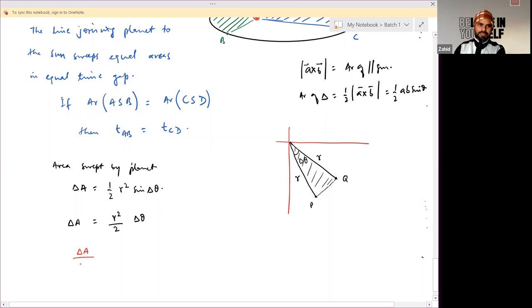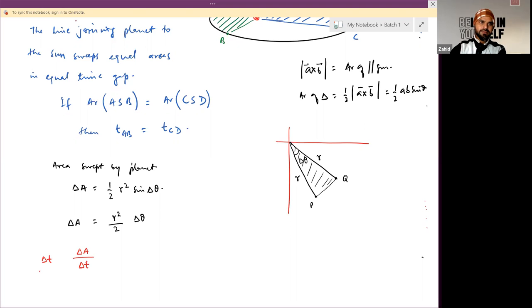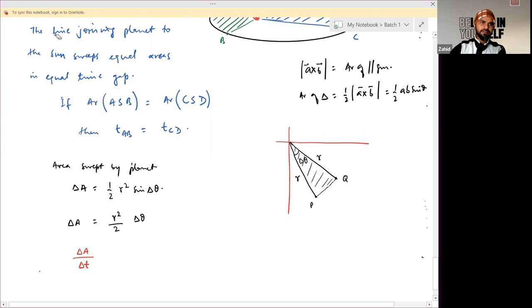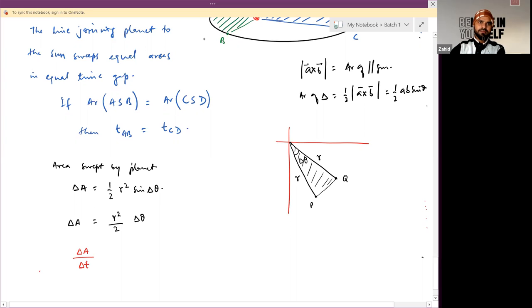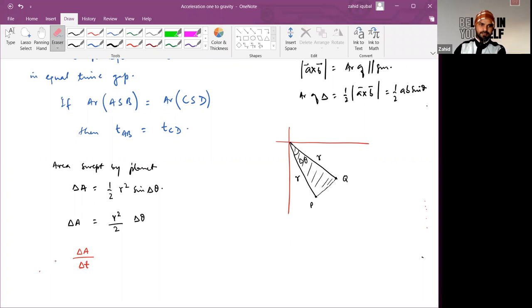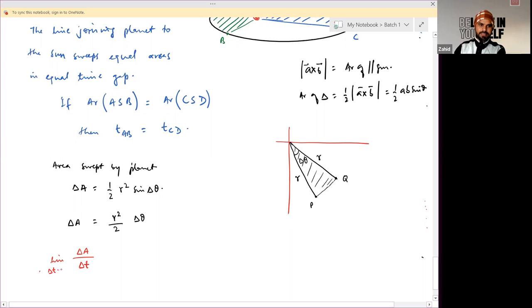So we can write delta A divided by delta t, limit delta t tends to 0, equals R square by 2 times limit delta t tends to 0 of delta theta by delta t.